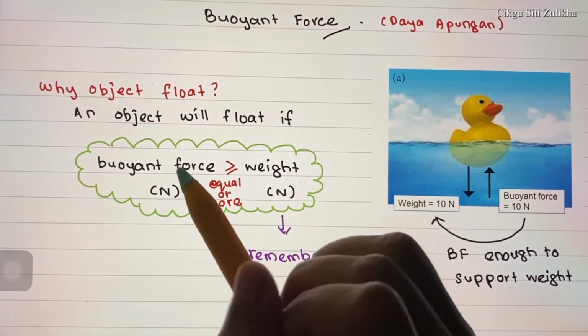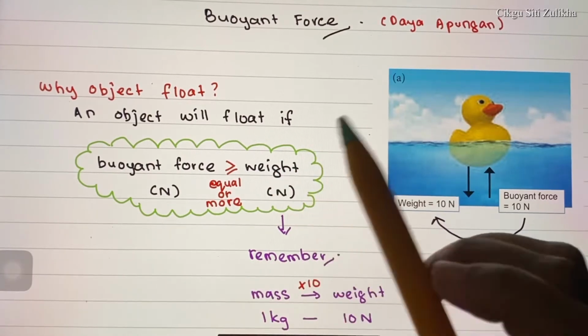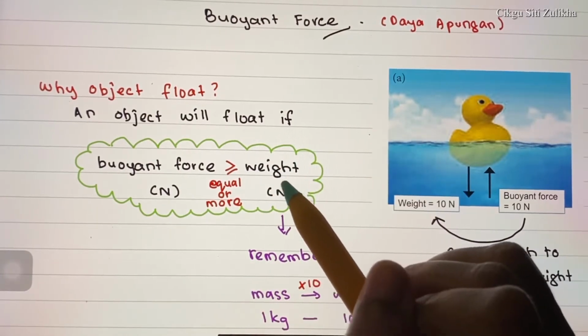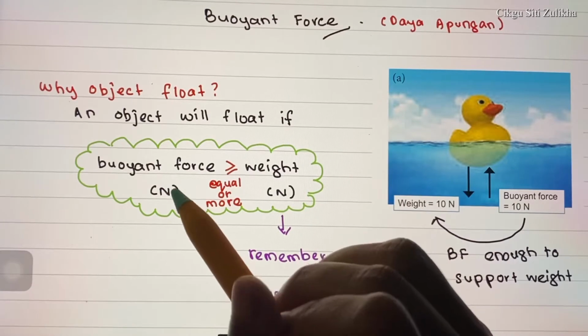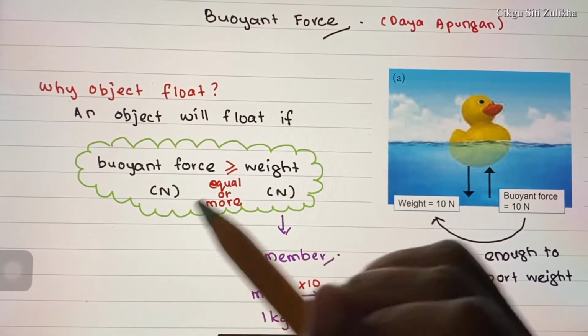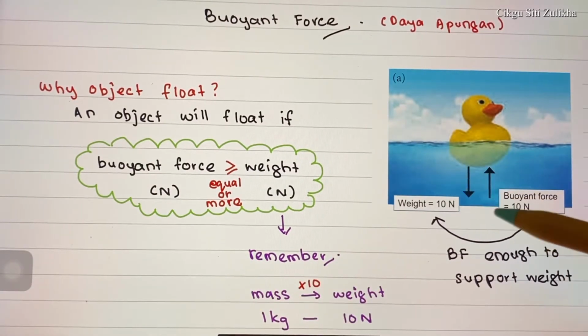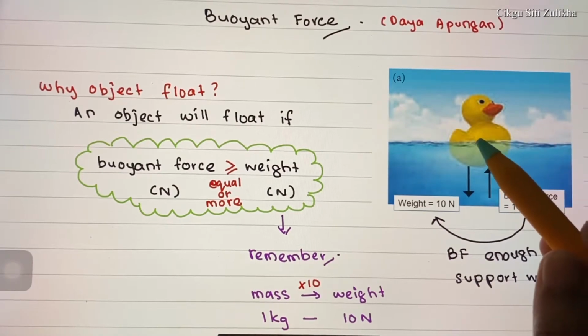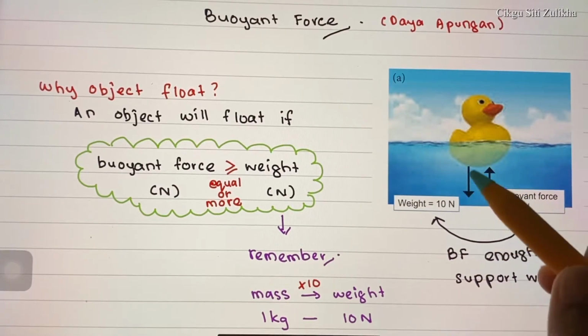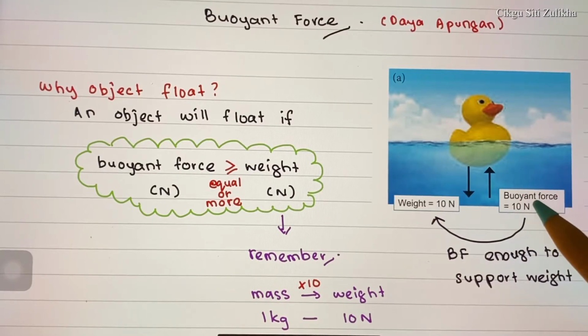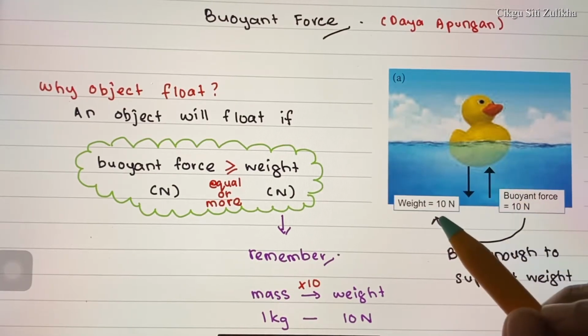So buoyant force ni adalah daya apungan. Weight semestinya kita kena measure in a Newton. Alright, buoyant force pun dalam Newton. So bila kita tengok dekat sini, weight always bertindak ke arah bawah. Okay, and buoyant force always opposite the direction of weight.